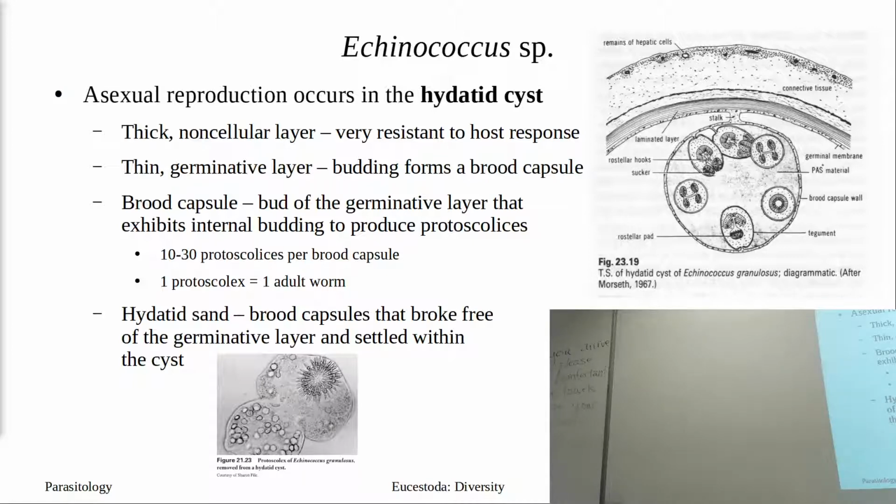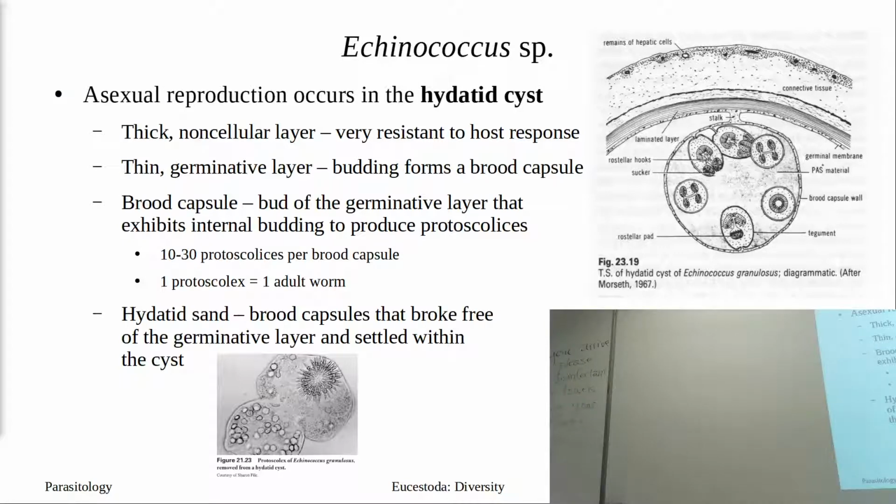So that larval stage is the hydatid cyst. All right, and the hydatid cyst, we said, has this thick acellular layer, resistant to host immune responses, and then just inside you have a germinal membrane, an inner membrane that ultimately gives rise to this entire structure, the brood capsule.